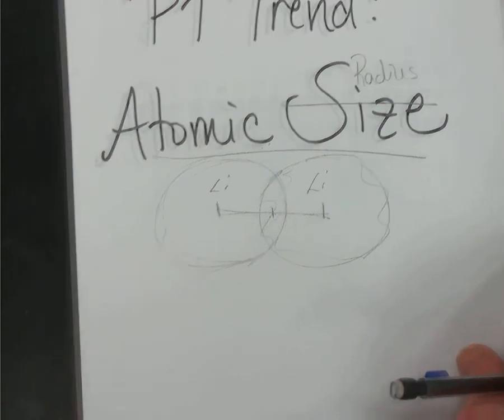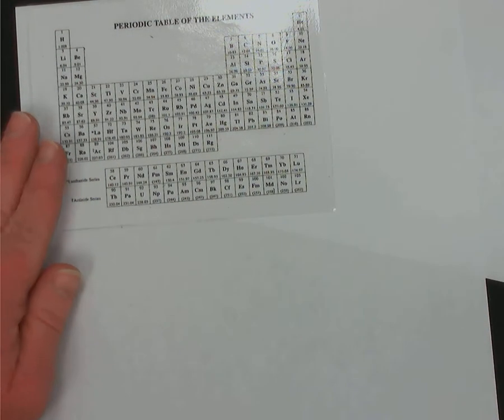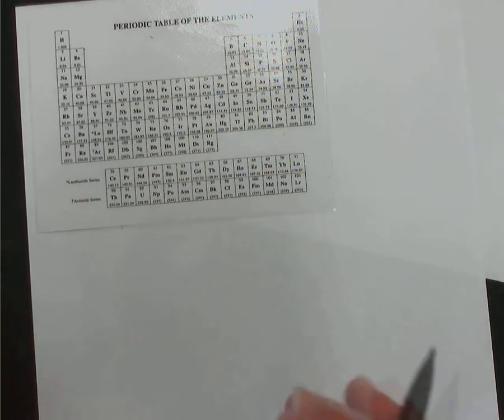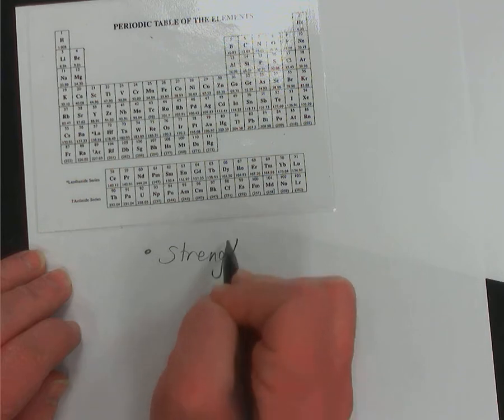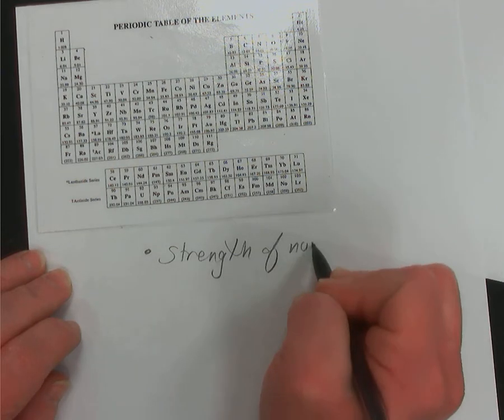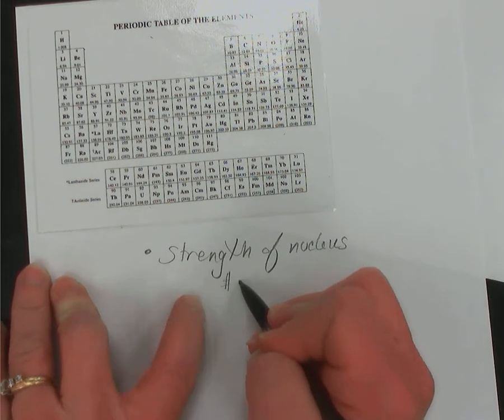All right. Now, when you are trying to explain why atoms change in size as they do, we need to talk about two things. One, the strength of the nucleus. Well, what gives the nucleus strength is the number of protons.